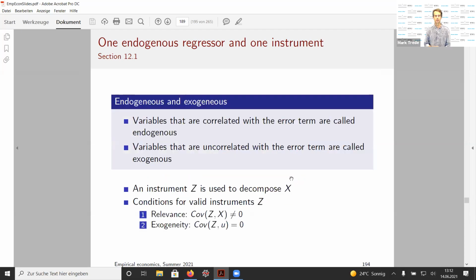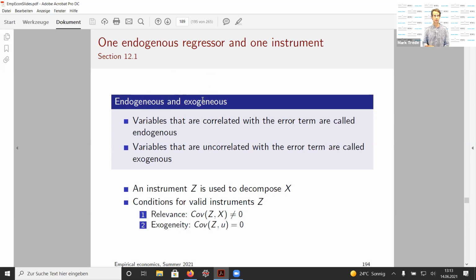All right, so a bit of terminology. Oh, there's a typo here. It should be endogenous, not endogenous, and exogenous, not exogenous. But anyway, I think you know what it means, endogenous and exogenous. From now on, I will call variables that are correlated with the error term endogenous, and variables that are not, exogenous.